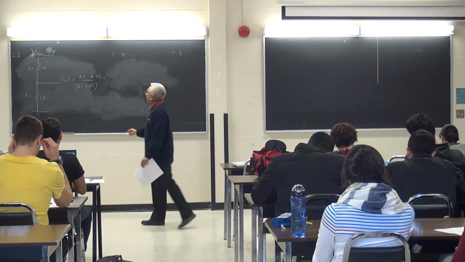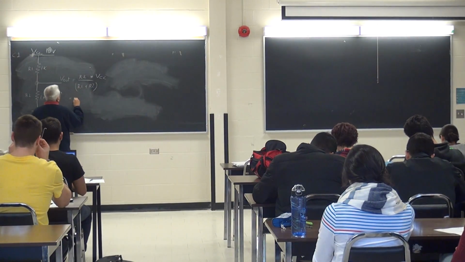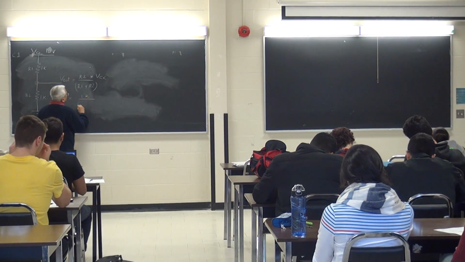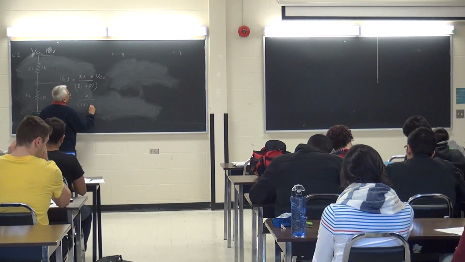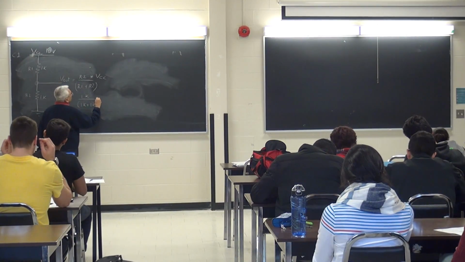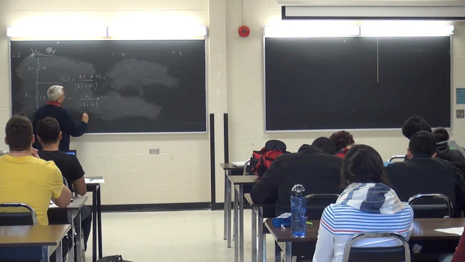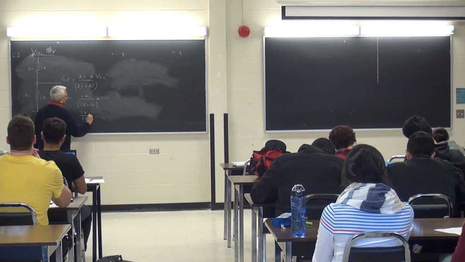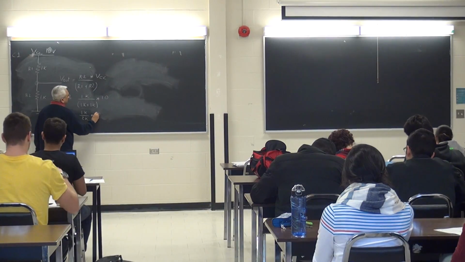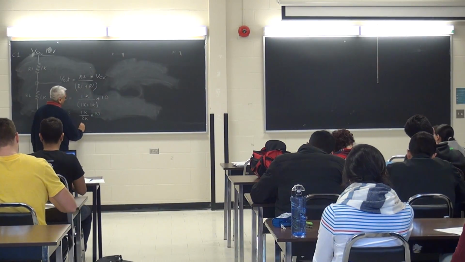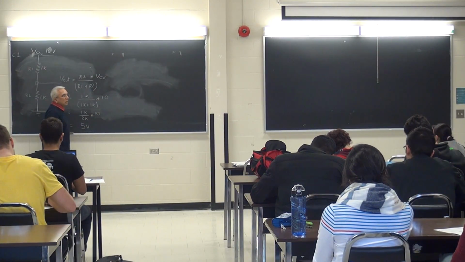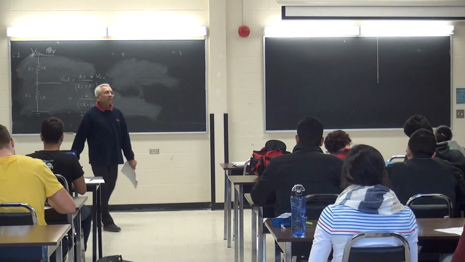Okay. So R2 is 1K divided by 1K plus 1K times 10, which is 1K divided by 2K times 10, which is how much? 5 volts. See?